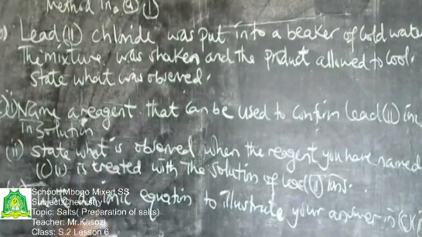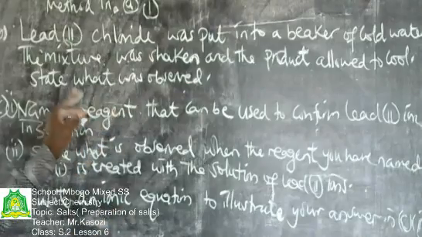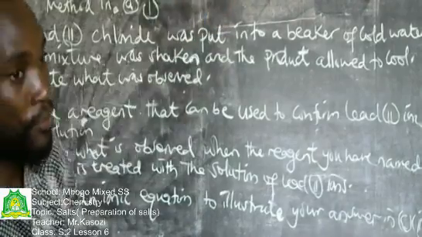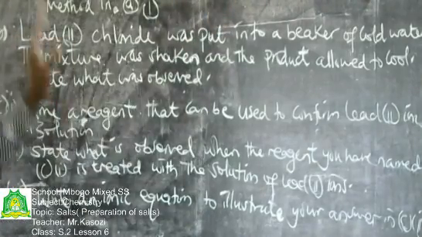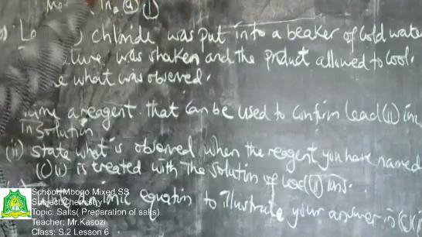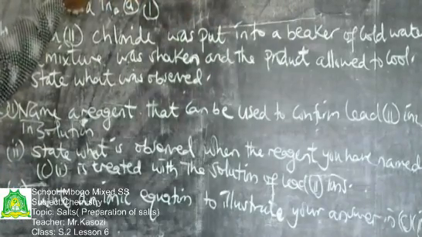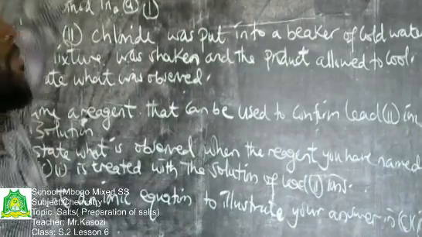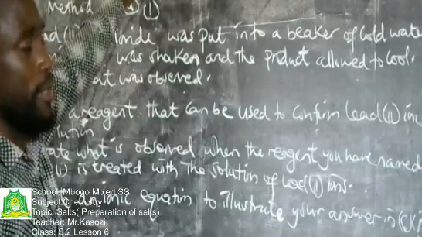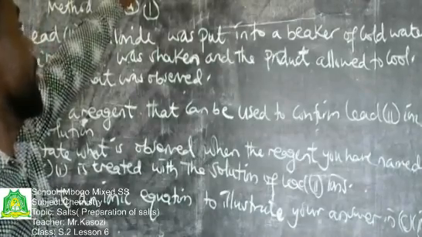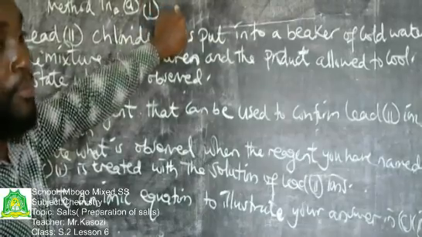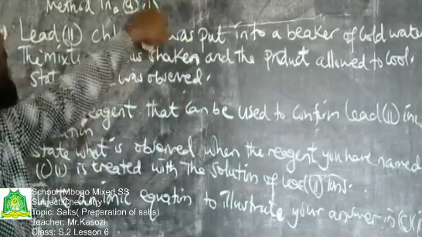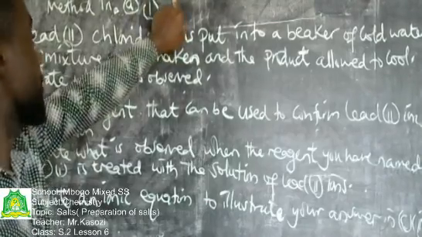If you have got the content, state a laboratory method of preparing Ld2 chloride. The reason for the choice of the method you have stated. So you have to give a reason why Ld2 chloride is prepared by the method you have stated in A1. Then you list 2 other examples of the salts prepared by the same method as Ld2 chloride.